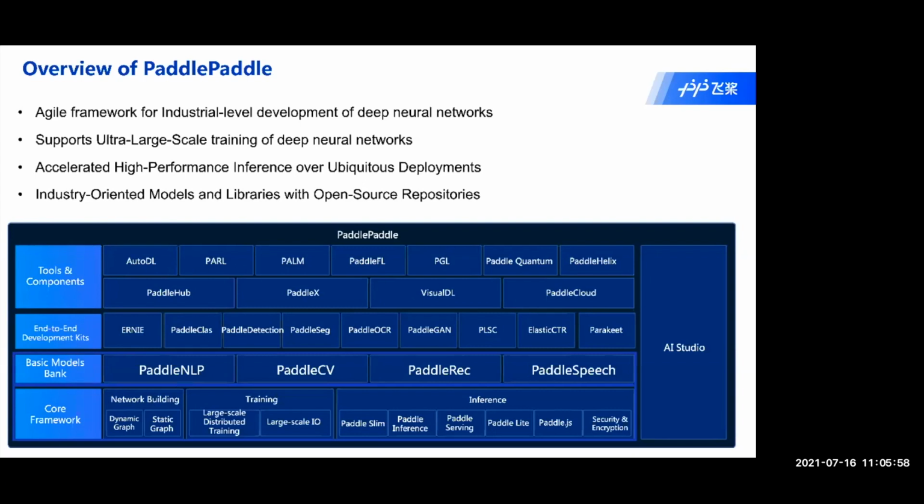Currently, Paddle is China's first fully open source deep learning platform, and it is also an agile framework for industrial development of deep neural networks. Paddle supports both declarative programming and imperative programming. It also supports ultra large scale training of deep neural networks inside Baidu, including training with 1 billion features and trillions of parameters using data distributed over hundreds of nodes.